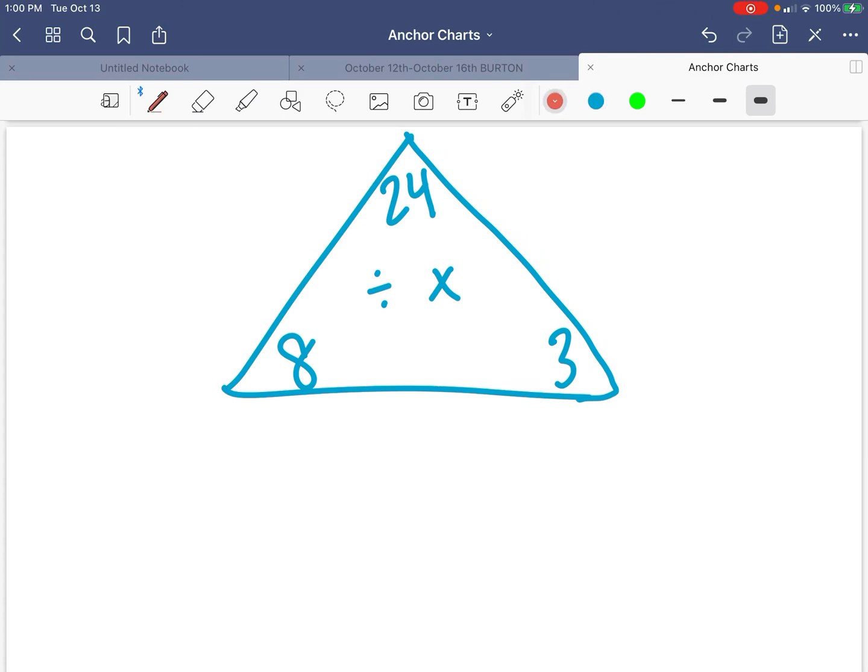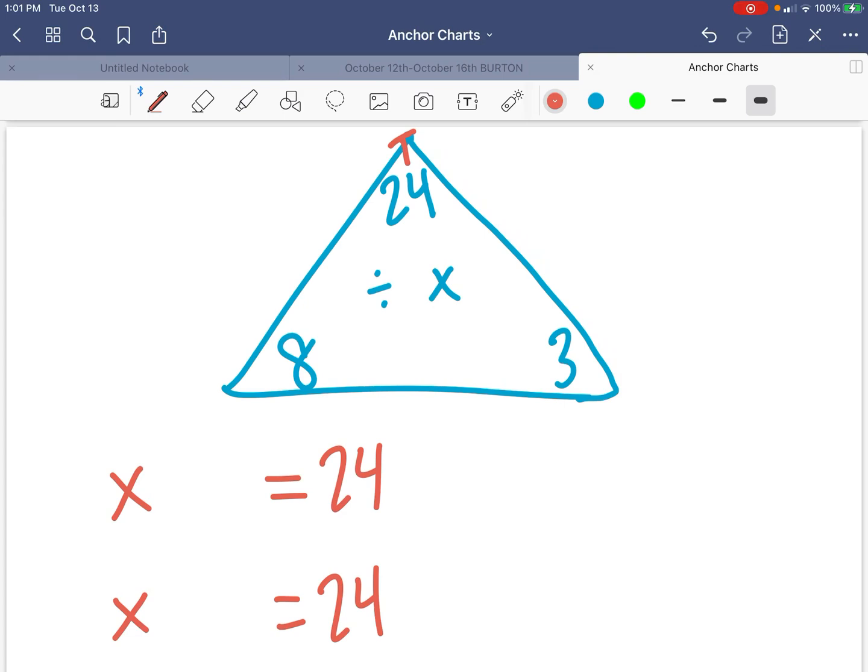First let's start off with multiplication. I can make two multiplication equations. Do I ever put the total here or here for multiplication? No. In multiplication, you are always finding the total, the biggest number.